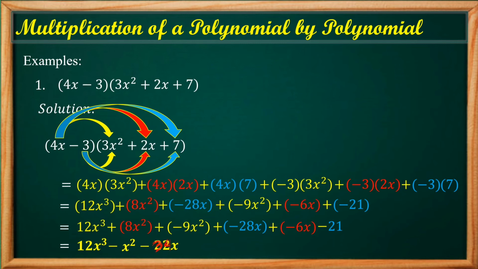Okay, negative 34x. Then, minus 21. Therefore, if we will multiply 4x minus 3 times 3x squared plus 2x plus 9, the answer is 12x cubed minus x squared minus 34x minus 21.